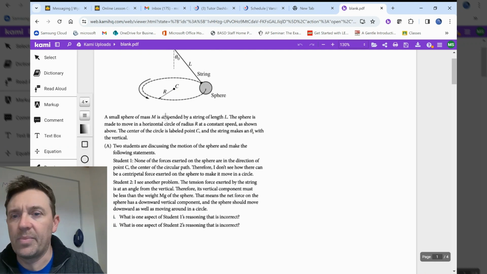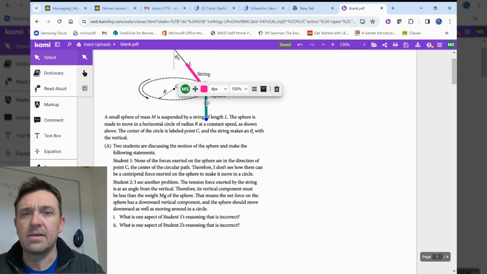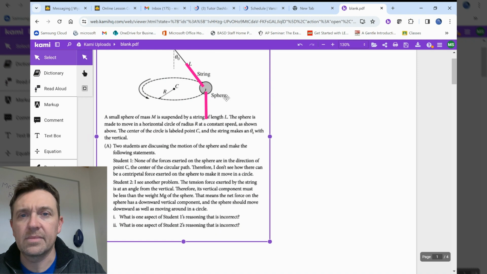All right, you're back. So I'm going to draw a couple forces here. We've got the force of weight, and we've got the force of tension. And those are actually the only two forces acting on this object. Let me see if I can make these into arrows.